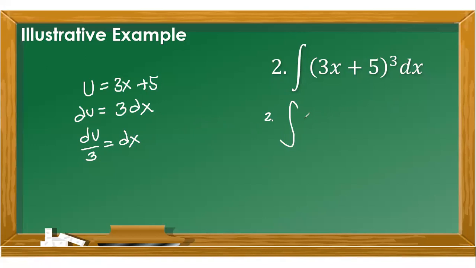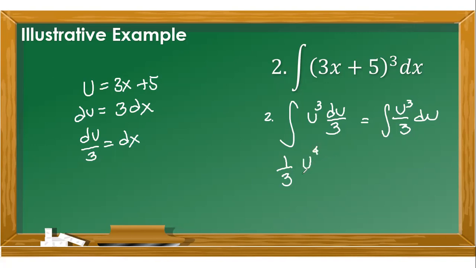Tapos meron tayong u, which is 3x plus 5. So u cube times du over 3, or pwedeng u cube over 3 du para nakahiwalay si du. As simple as that, we get the integral. Just copy the constant, that is 1/3, and then integral ni u cube is u to the 4th over 4 plus c.